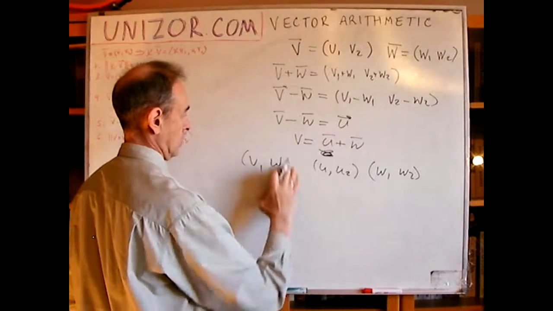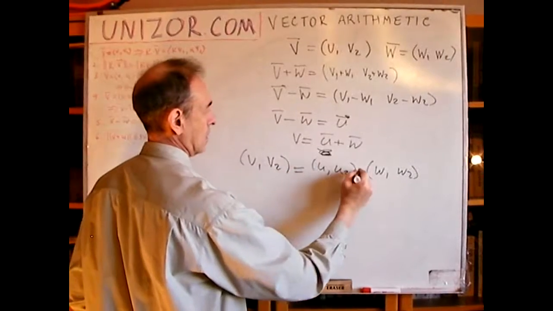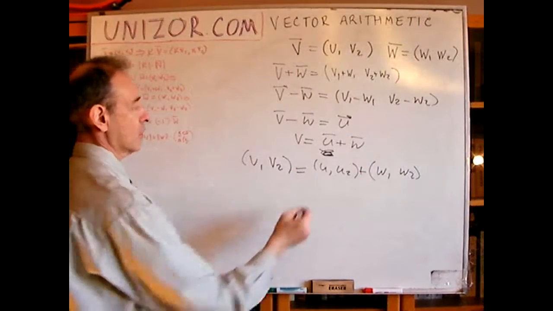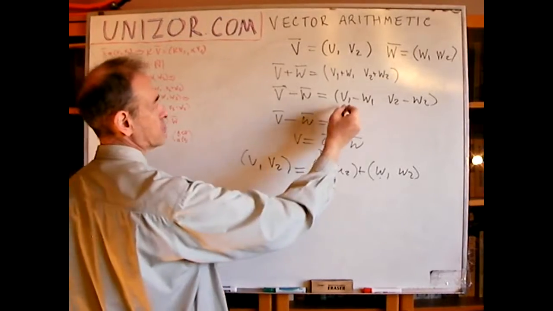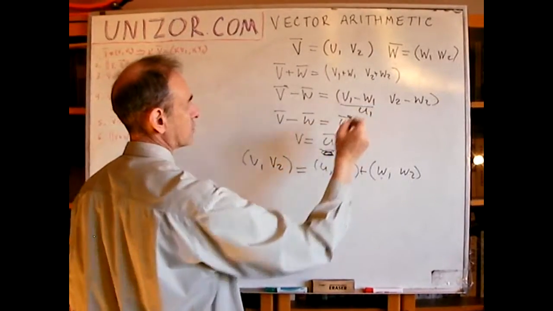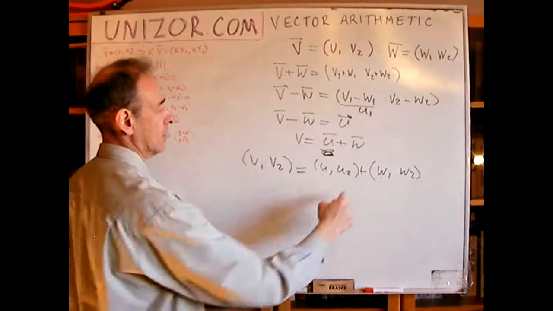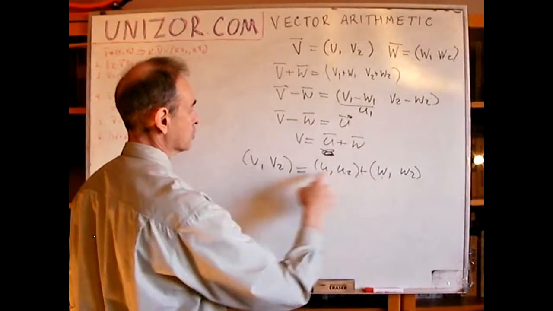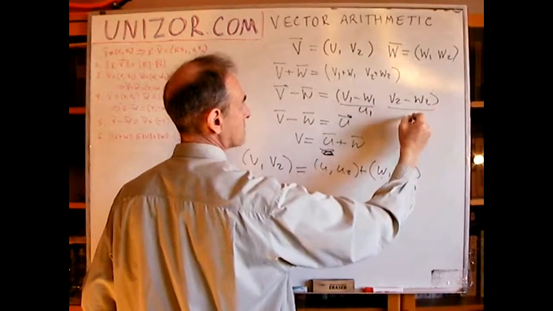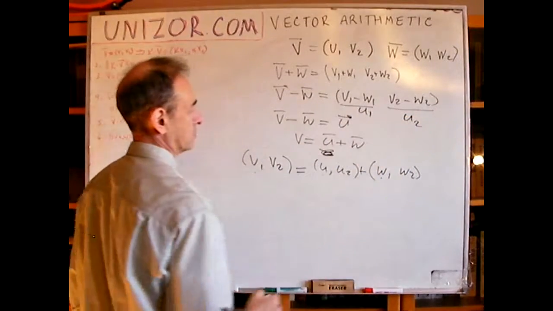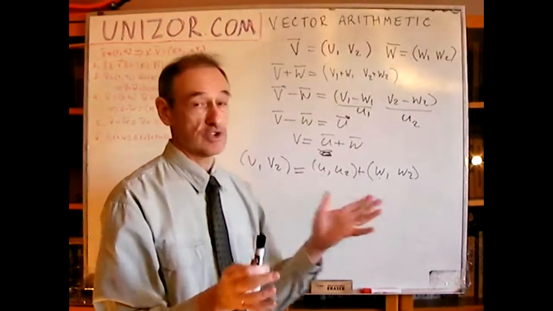So U1 plus W1 should be V1, which means U1 should be V1 minus W1. Now, U2 plus W2 should be equal to V2. Therefore, V2 minus W2 is equal to U2.